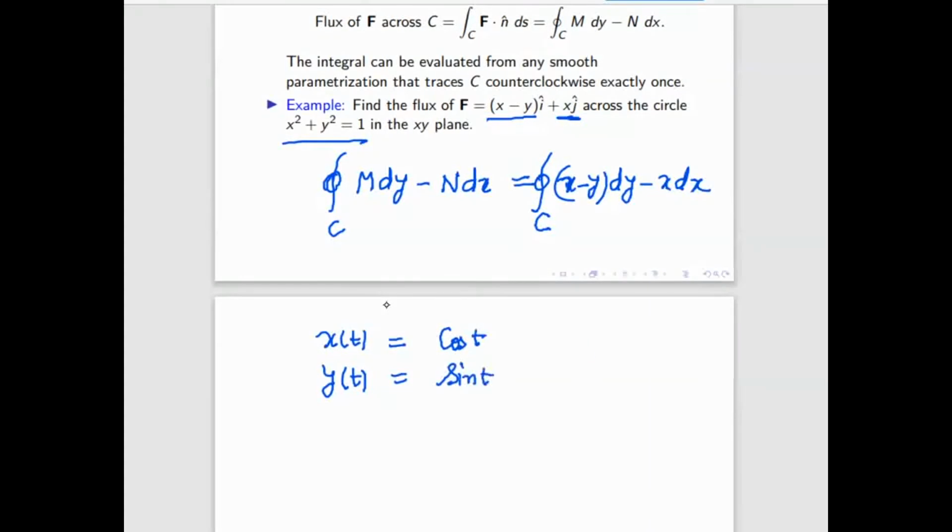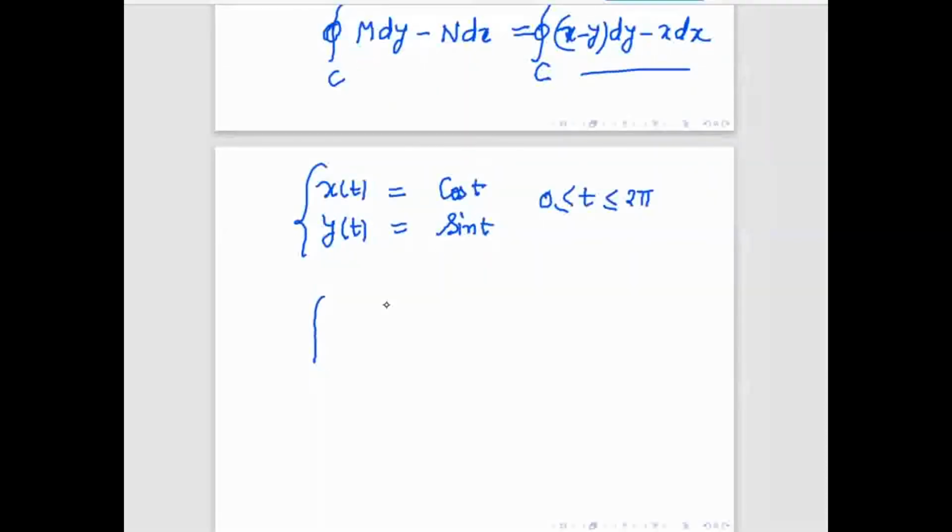And t lies from where to where? 0 to 2 pi. So now we'll use all these values to integrate. So t is from 0 to 2 pi. What is the value of x? x is cos t, and I am putting y equal to sin t.